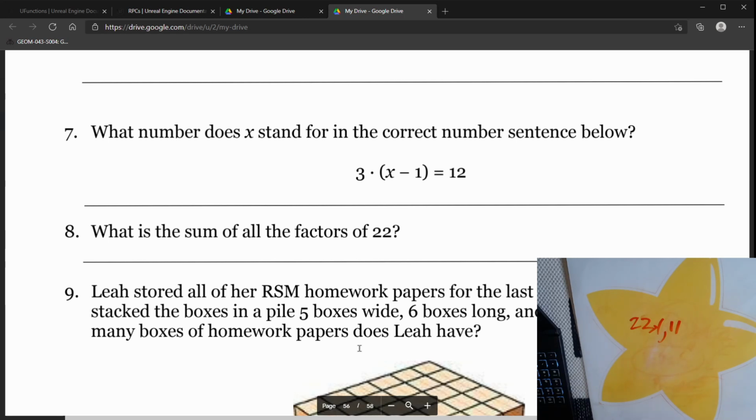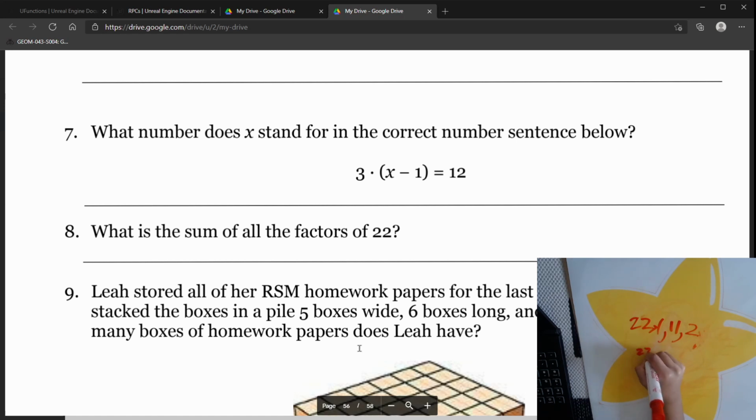Nothing. So, you also have 2. And 2 times 11. 1 times 22. And what else equals 22? Nothing else. So we would just have these. And that would be it.